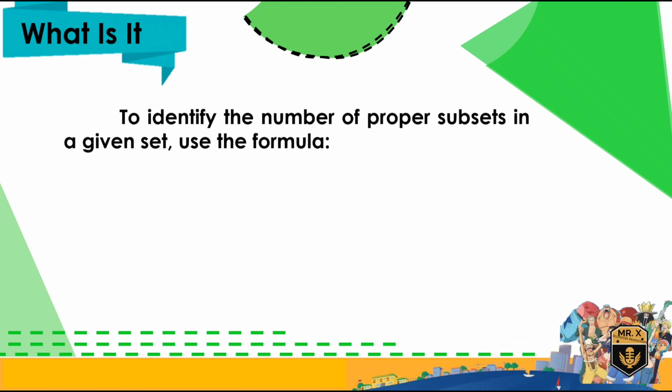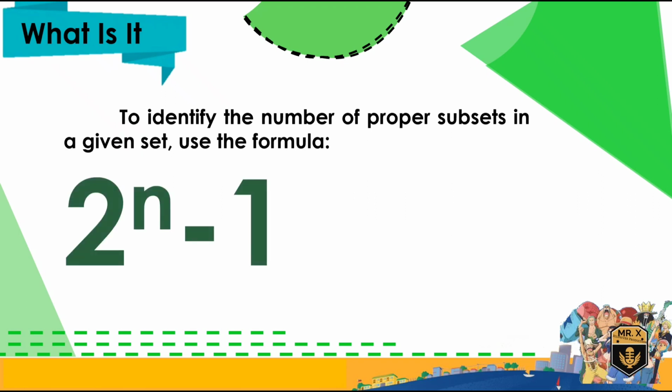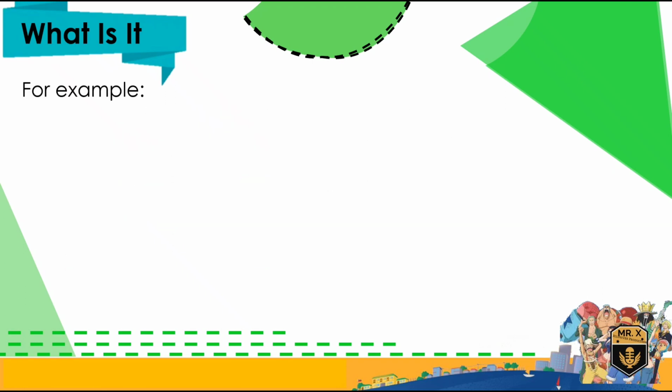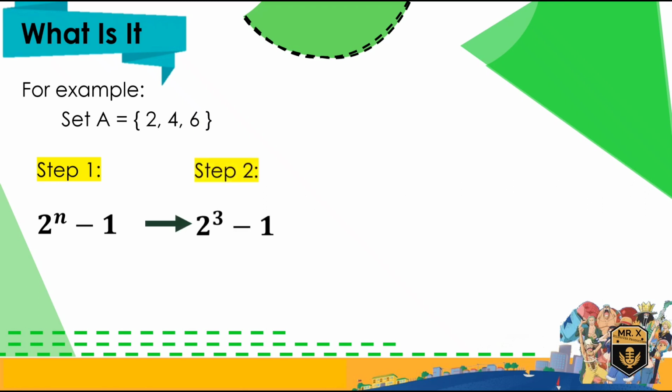To identify the number of proper subsets in a given set, use the formula 2 to the power of n minus 1, where n is the number of elements of the given set. Let's have an example. Set A has 2, 4, 6. It has three elements, right? Let's use the formula 2 to the power of n minus 1. Let's substitute: 2 cubed, or 2 to the power of 3, minus 1.